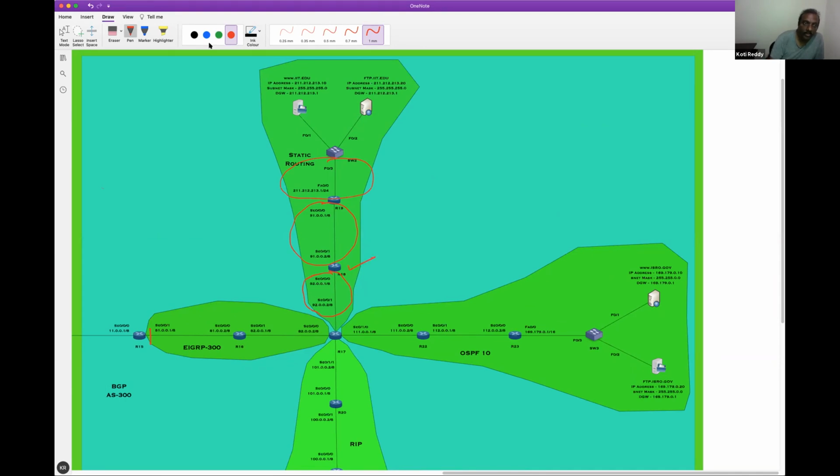It knows the 91 network and 92 network because these two are directly connected. I should only add a route for this particular network ID, saying pass on the packet to so and so route. And what IP address? This IP address, right? So in R18, I should add only one static route for 211.212.213.0. Pass on the packet to whom? 91.0.0.1. Let's do that on R18.